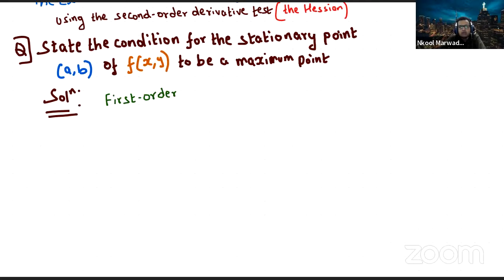We will do the partial derivative with respect to x and with respect to y, put in the stationary point, and check whether it is 0 or not. If it is 0, we are convinced that this is the stationary point of this function.